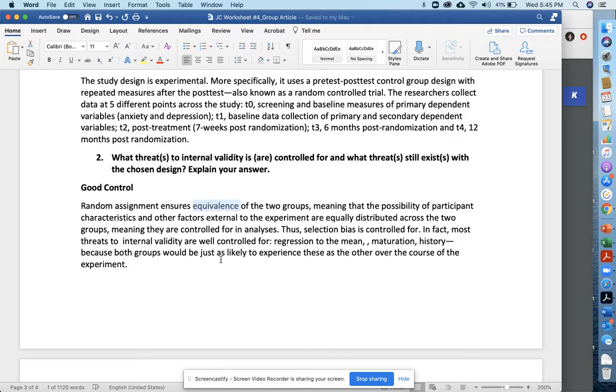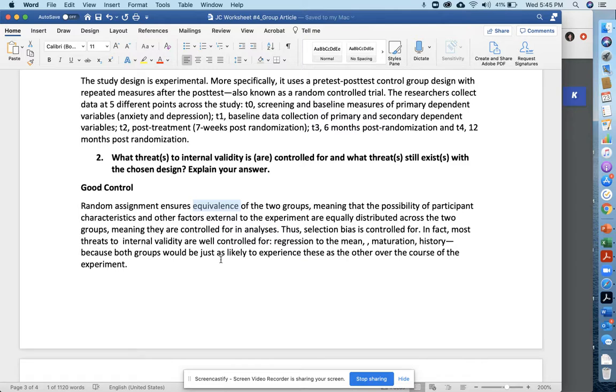Any of the things that could affect whether they get better or not are equally distributed, so we can assume that the two groups are pretty much the same because of the logic of randomization.